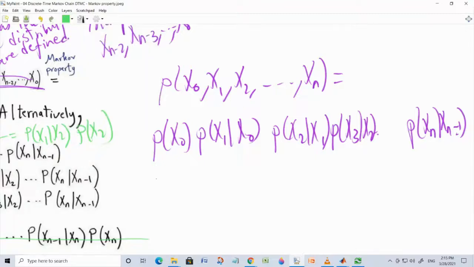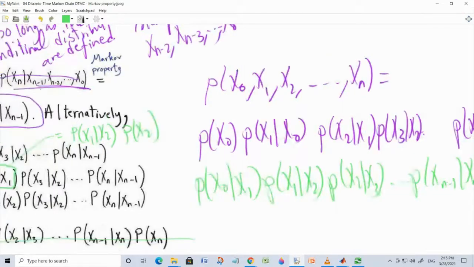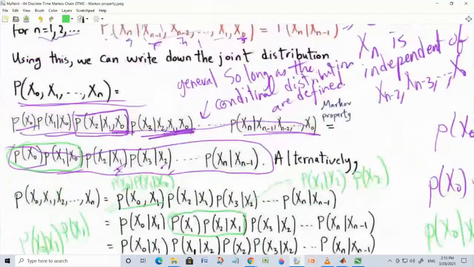But sometimes it is useful to write it like p of x0 given x1, p of x1 given x2, p of x2 given x3. You go all the way to p of xn minus 1 given xn, and then you finish it with p of xn. Remember that writing down something like this, in which we are conditioning on just one random variable, is thanks to the Markov property. Otherwise, we need to use this monster here.